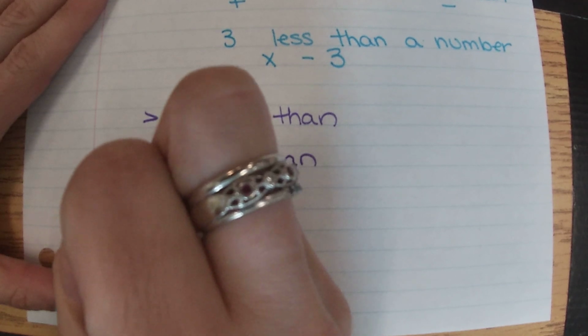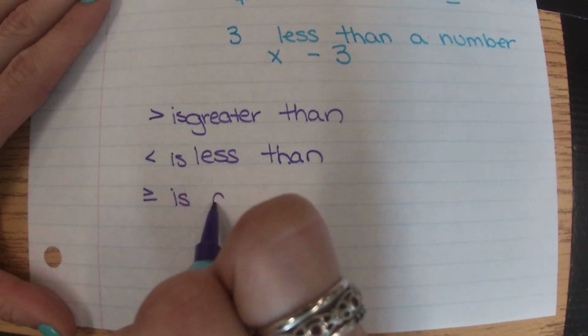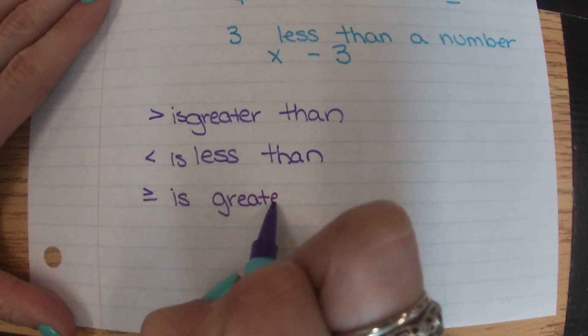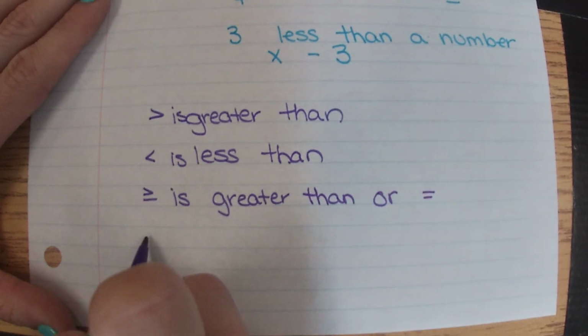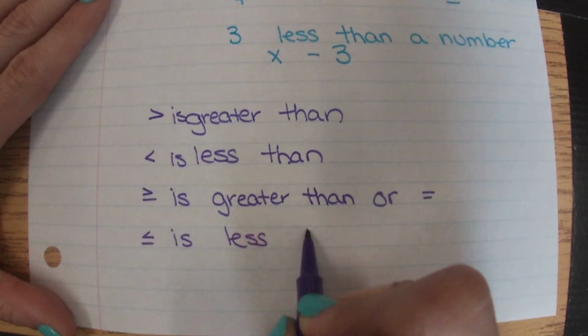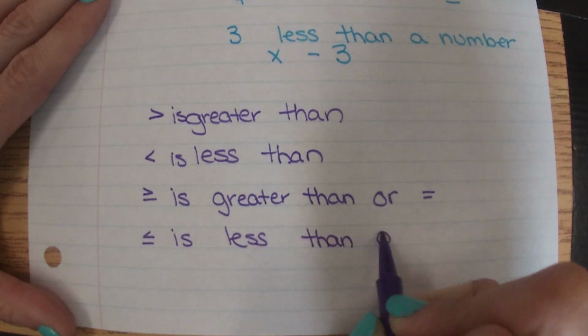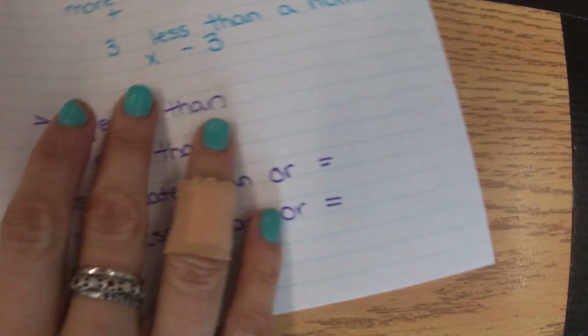So is greater than, is less than, is greater than or equal to, shorthanding that there, and is less than or equal to. We should definitely know those terms and what they are and that we could compare things with them.